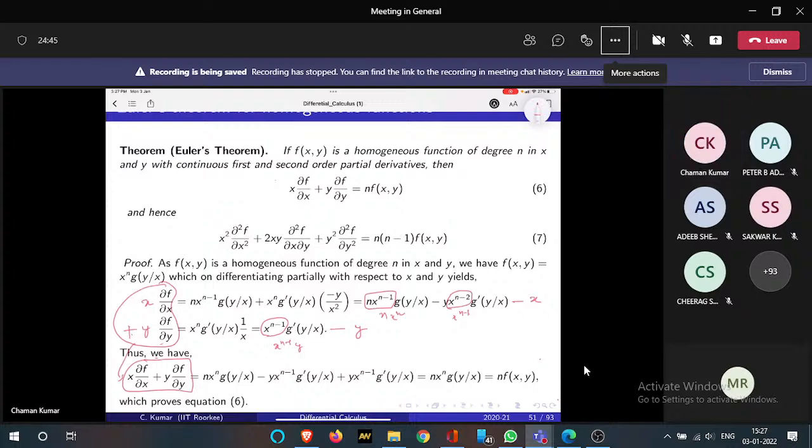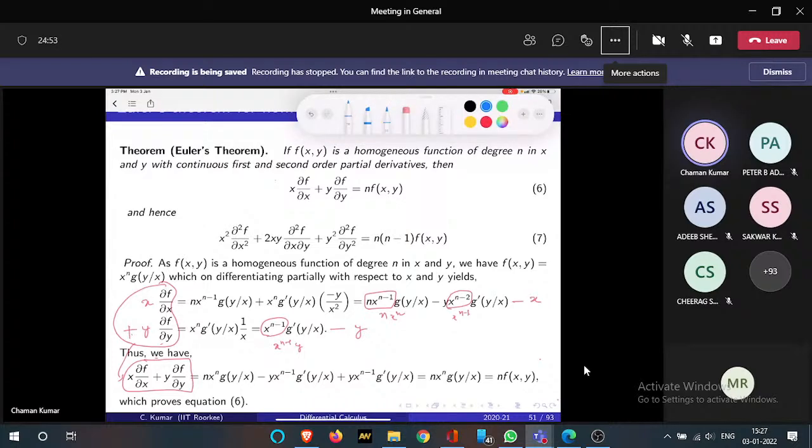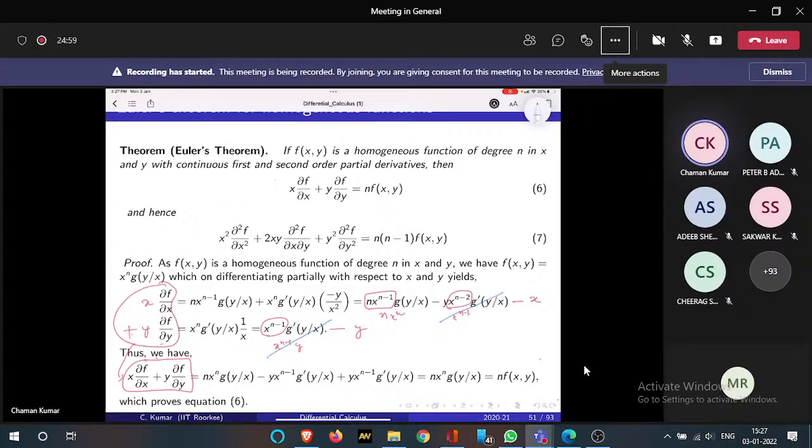So what do we observe? We observe that this term and this term will cancel out, so you are left with only this term, which is this.